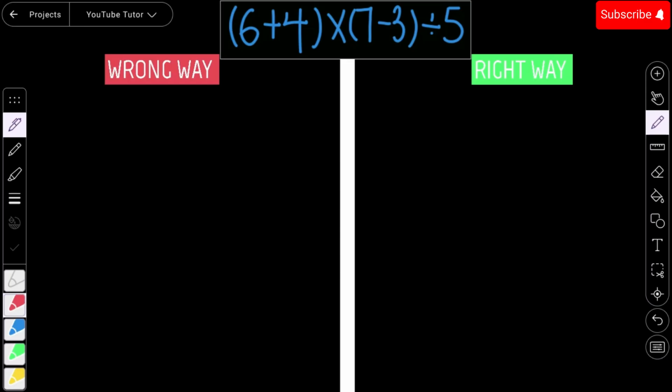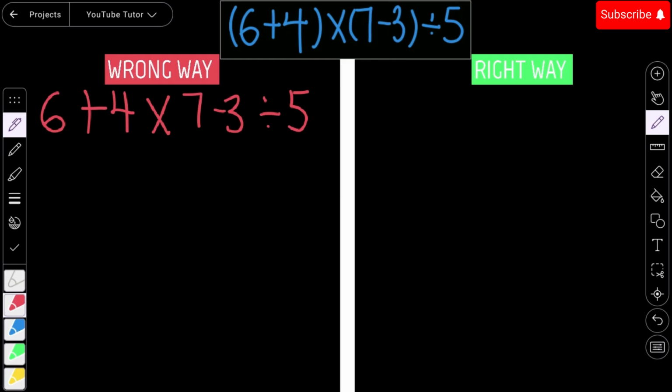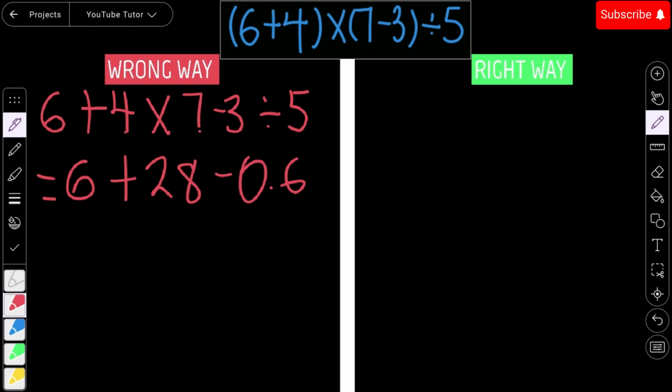Now, if you just go ahead by writing 6 plus 4 times 7 minus 3 divided by 5, ignoring the groupings, we are going to get 6 plus 4 times 7, giving us 28, minus 3 divided by 5. 3 divided by 5 is 0.6. 6 plus 28 minus 0.6 ends up giving us 33.4, which is totally wrong.